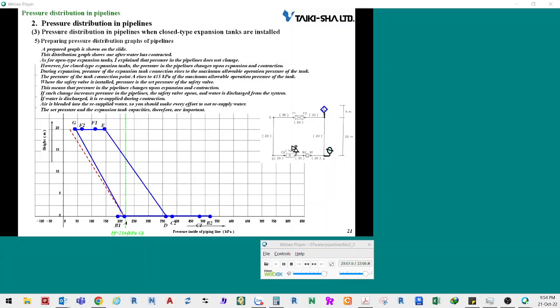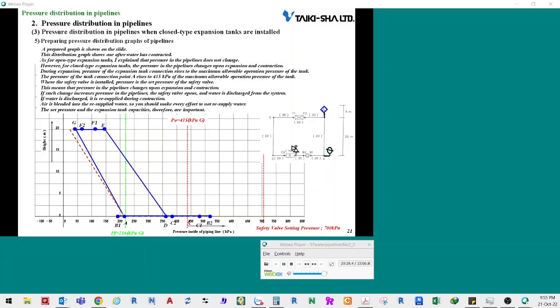During expansion, pressure of the expansion tank connection rises to the maximum allowable operation pressure of the tank. The pressure of the tank connection point A rises to 435 kilopascals of the maximum allowable operation pressure of the tank.